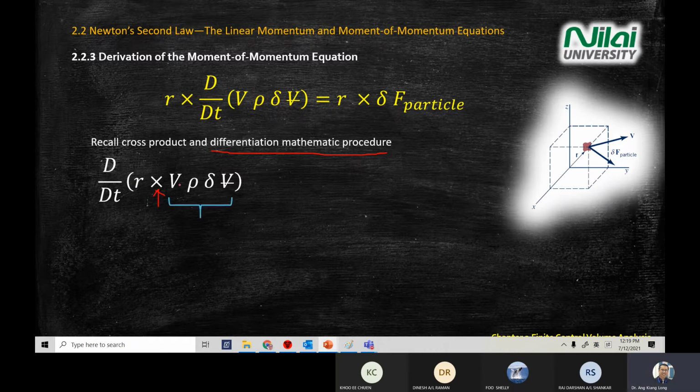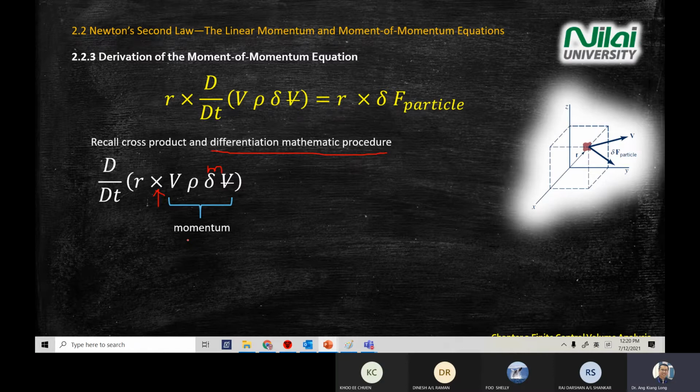So this one you already know. If you take rho times volume, you get mass. Mass times velocity, you will get a parameter called momentum, mv.